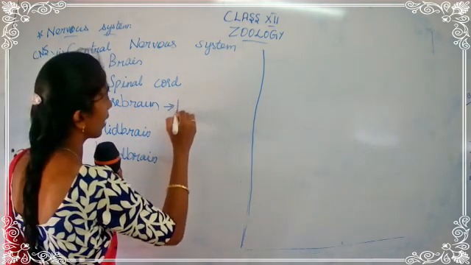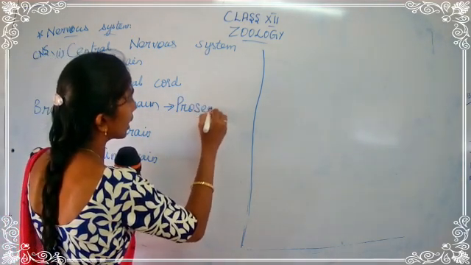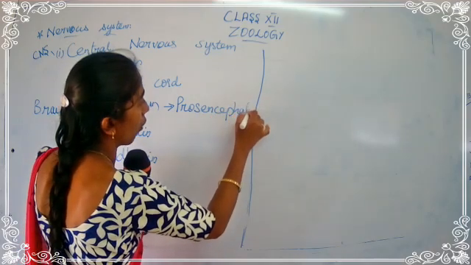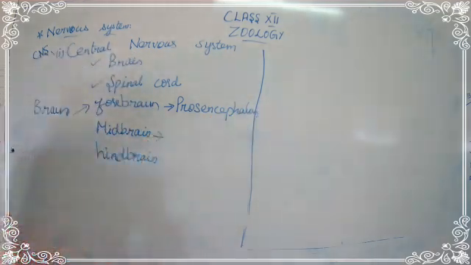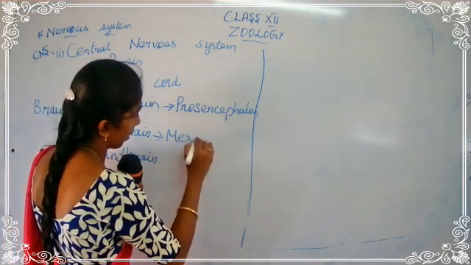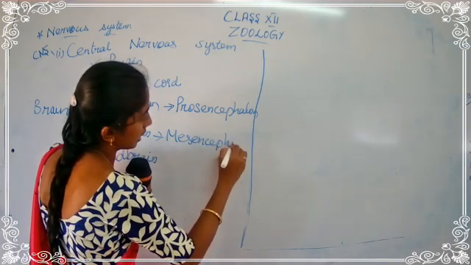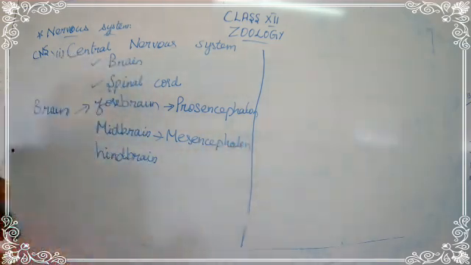Okay, what is that? Prosencephalon. And the midbrain is also called mesencephalon. Then the hindbrain is otherwise called rhombencephalon.